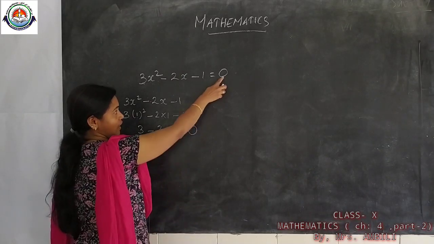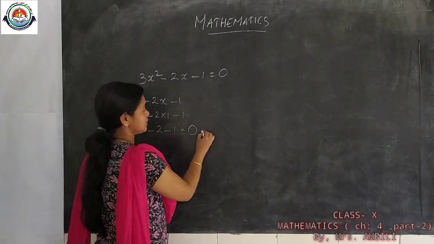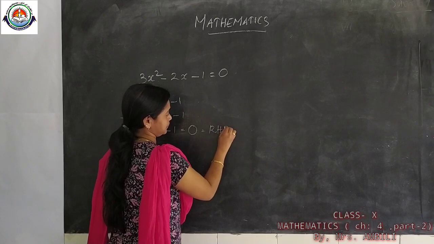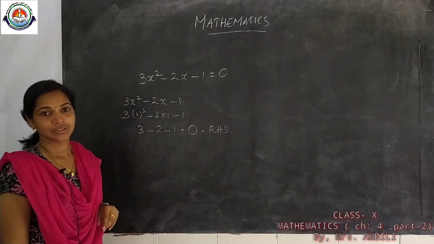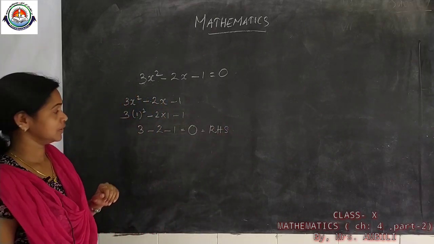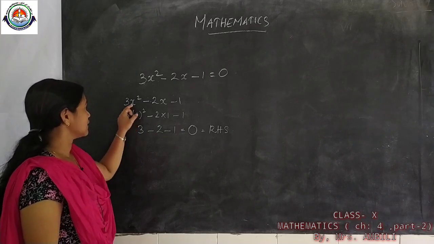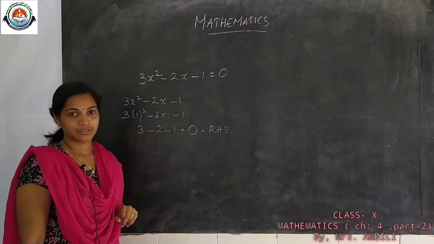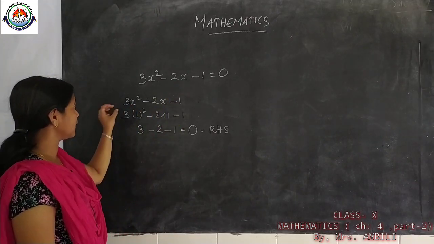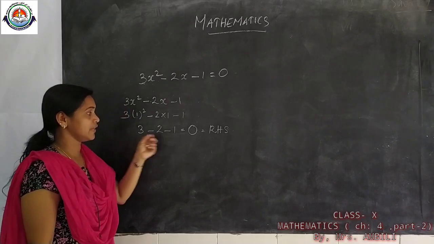So, the 0 is our RHS. So, we got the RHS. So, we can say that 1 satisfies this equation. It means, if we substitute 1 instead of x, we get 0.